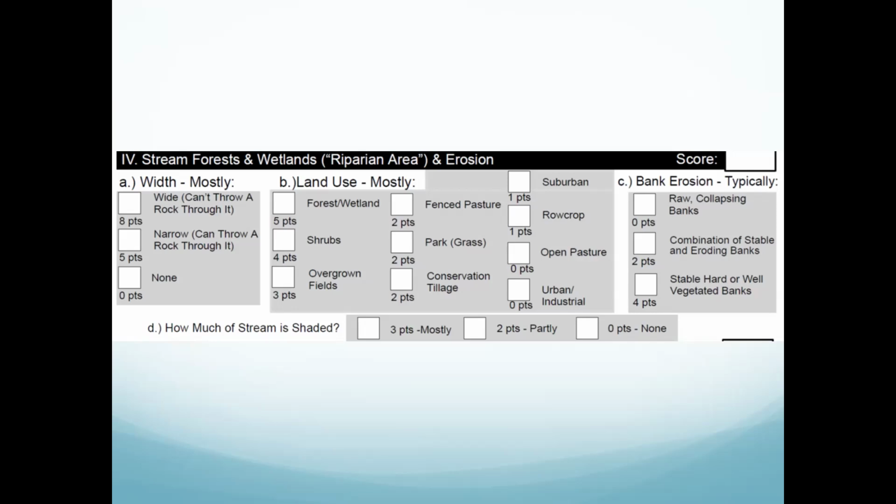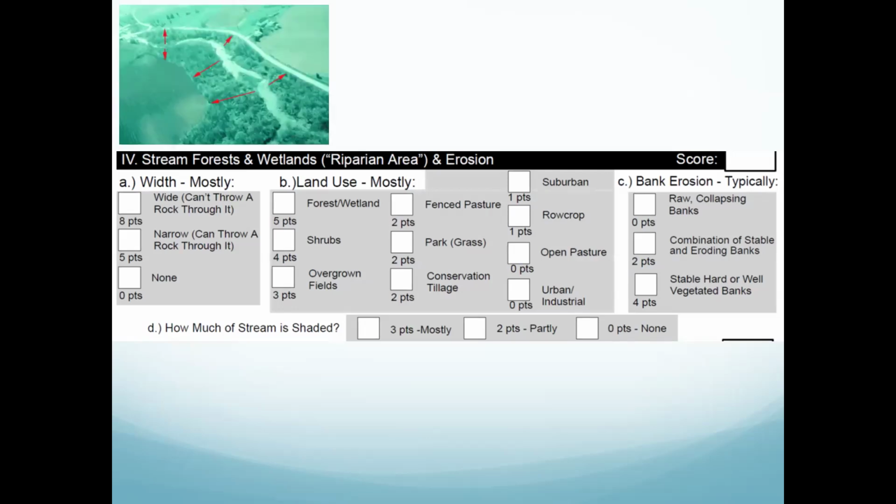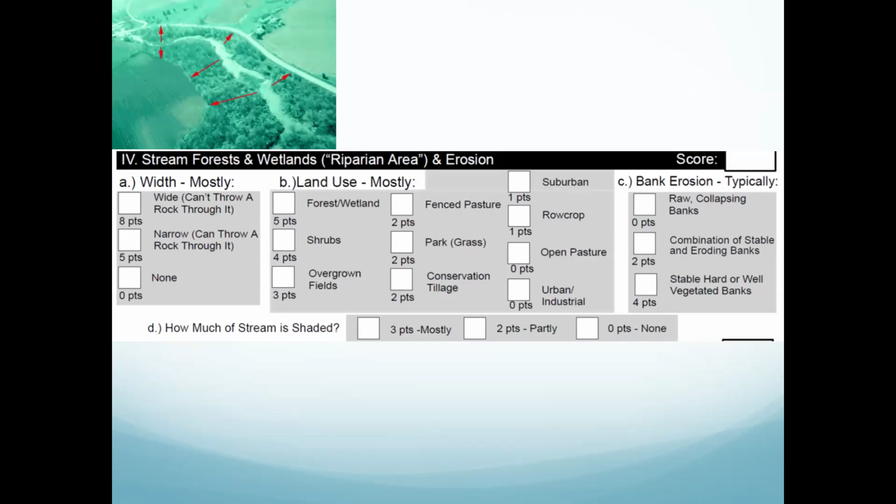Okay, and then as far as stream forests and wetlands and erosion, to assess that, we look at the width of the stream. Are you able to throw a rock through it, or is it pretty narrow? So it can go wide, can't throw a rock through it, narrow, can throw a rock through it, or no riparian buffer.